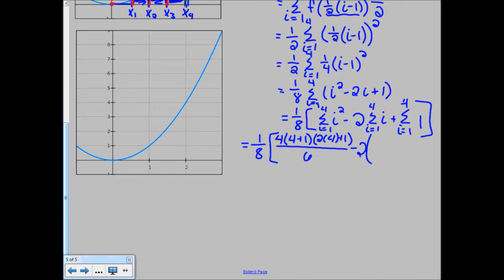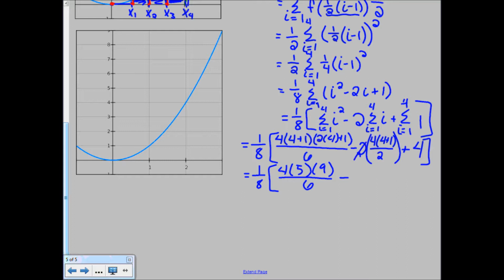The formula for i is n times n plus 1 over 2, so it's going to be 4 times 4 plus 1 over 2, plus the summation of a constant, which is just the constant times n. So we're just going to get 1 times 4, or 4, there. So now we're going to get 1/8 times 4 times 5. 2 times 4 is 8, so we're going to get 9 here, all over 6.